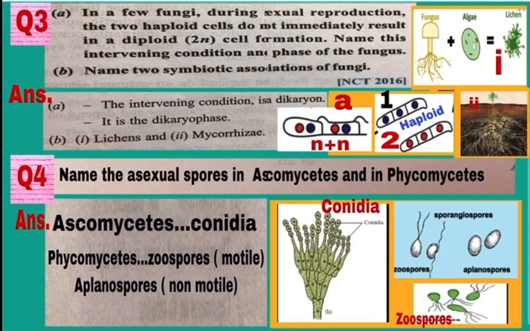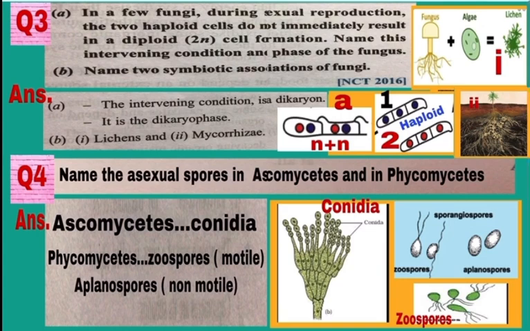The 2 symbiotic association of fungus are number 1 lichens, where algae and fungus live together for the benefit of each other, and second is mycorrhiza, where fungus live with roots of some higher plants, and you can see both in figures. Number 1 figure is lichen and number 2 is mycorrhiza.